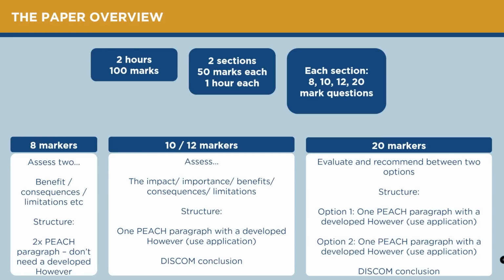There's been loads of questions in the comments asking about the difference between 10 and 12 markers here and in other videos that I've done. This year I realized that with the additional PEACH paragraph, I was getting students to write 1 PEACH paragraph and then to do another PEACH paragraph, maybe without the however, to get that added analysis, because a 12 marker requires a little bit more analysis.